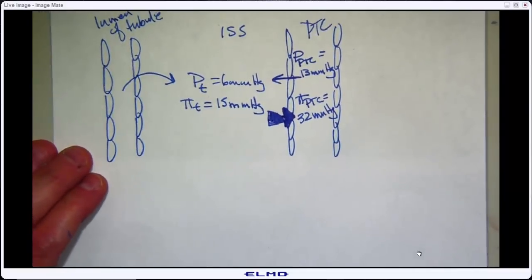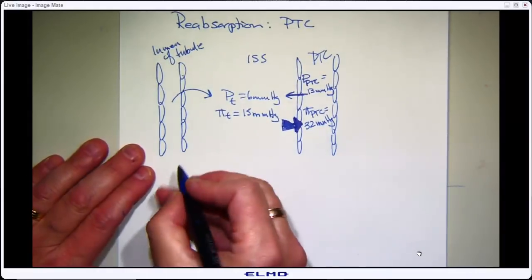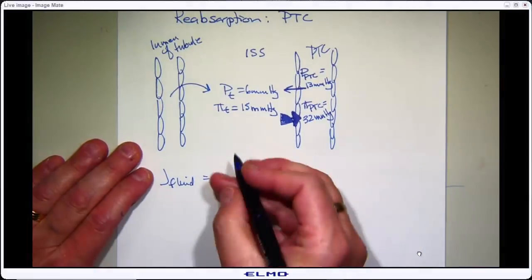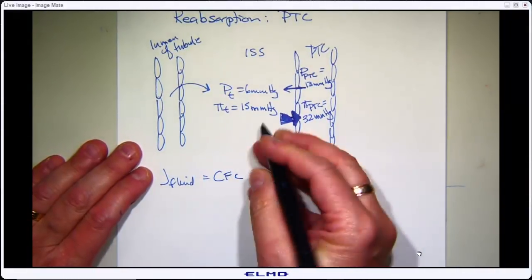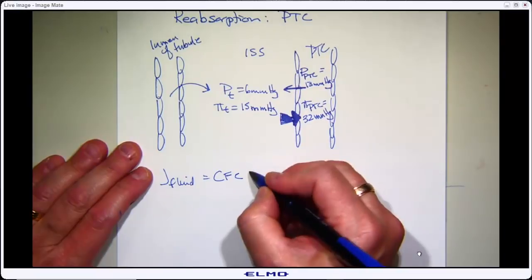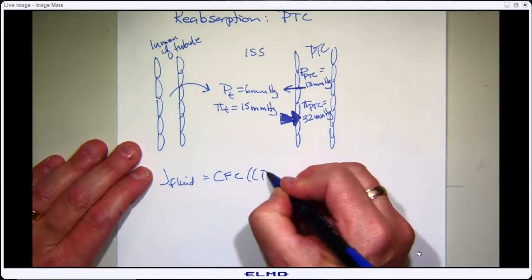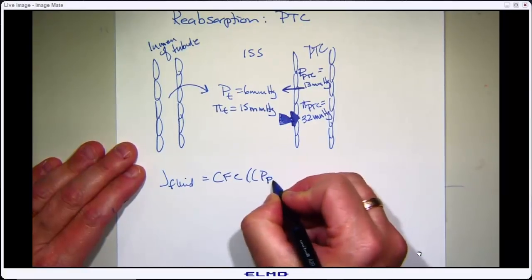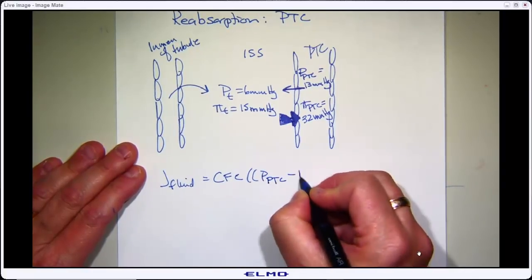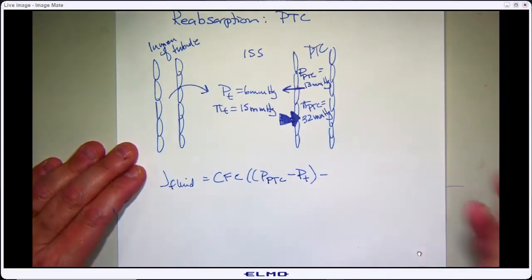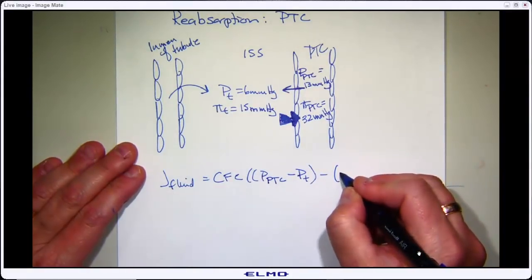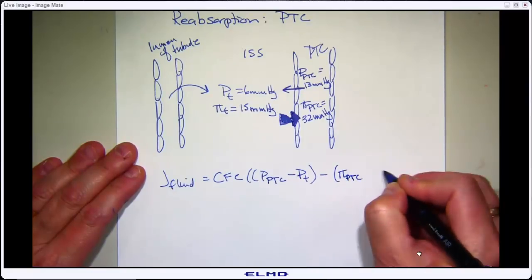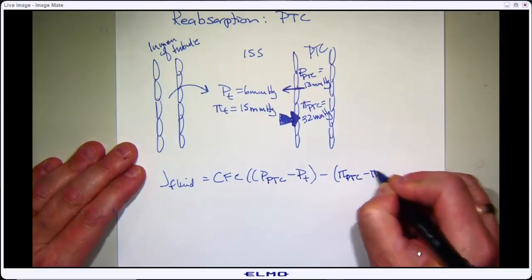This is a classic, back to our classic fluid flux equation. So if you dig equations, we're thinking about capillary fluid, our capillary filtration constant, which we're going to leave constant, and we're going to think about delta P, and delta P was hydrostatic pressure in the peritubular capillary minus hydrostatic pressure in the tissue, delta P, and delta pi, oncotic pressure in the peritubular capillary minus oncotic pressure in the tissue.